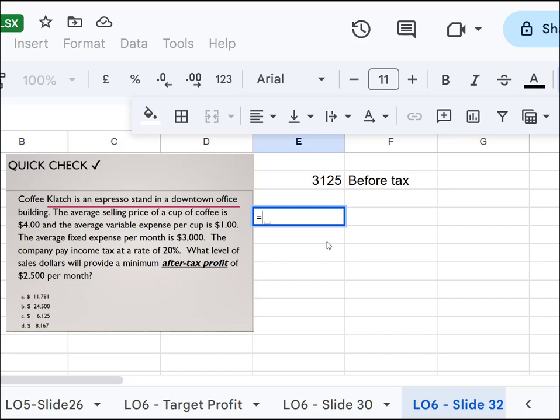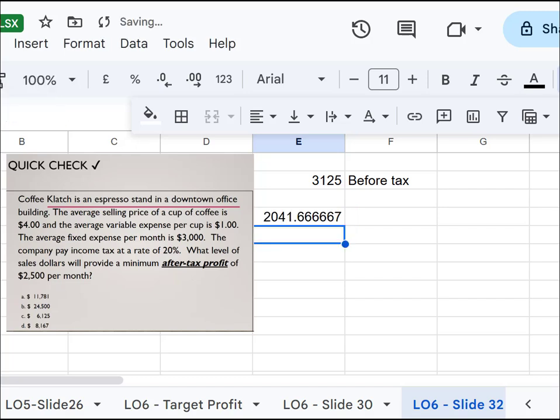Our break-even expenses before tax are 3,000 plus our target before-tax profit of 3,125. And I'm going to put these into brackets because I'm going to be dividing them by our contribution margin, which is 4 minus 1 equals 3.